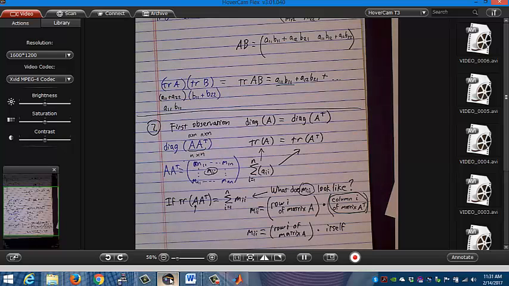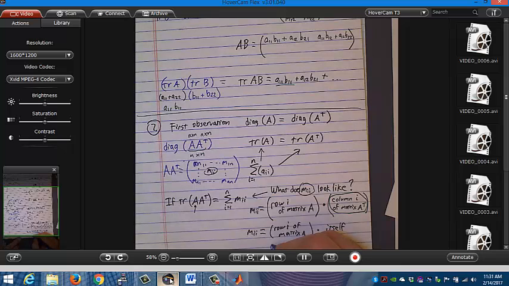What does row I of matrix A look like? Well, it looks like AI1, AI2, all the way up to AIn, right? If I take that row and dot it with itself, what you end up getting is AI1 squared plus AI2 squared, and so on. Do you see it?